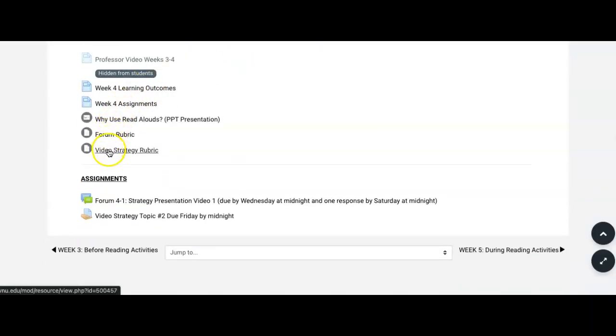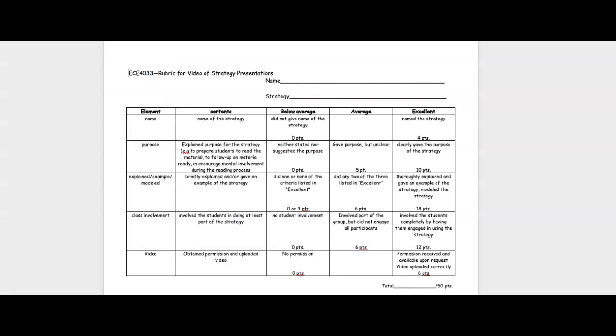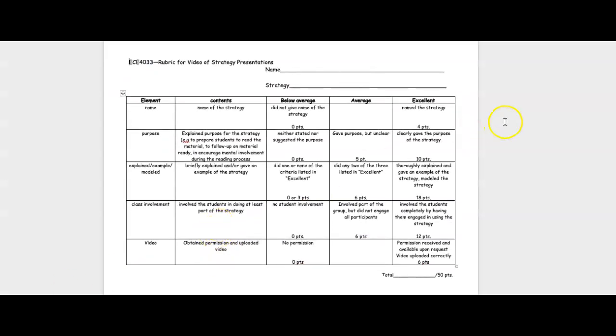Forum rubric. Here is the video strategy rubric. I would like for you to score yourself before you submit your strategy. Make sure that you have named the strategy. You gave a clear purpose of the strategy.